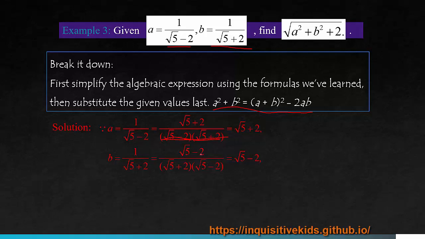We multiply that on the top and bottom, and we're left with the arithmetic square root of 5 minus 2. Now we can start using this formula. A plus b would equal 2 times the arithmetic square root of 5, and ab would equal 1. You substitute that into this formula to get 2 times the arithmetic square root of 5.